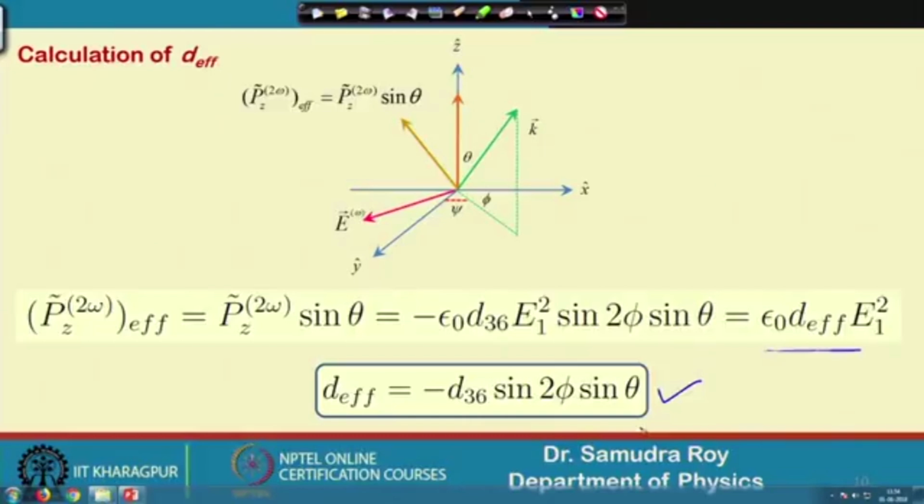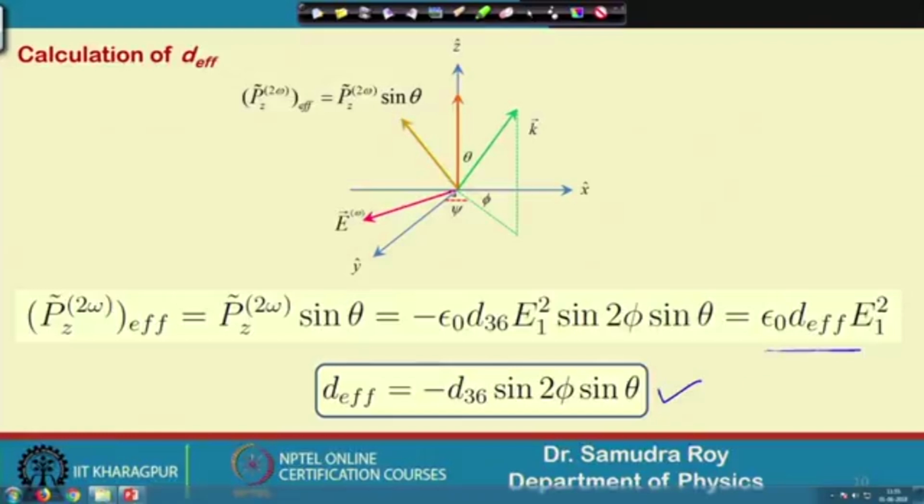So, in order to generate the phase matching properly, we need to find out the direction along which the second harmonic is really going to be generated. So, following that, we find that the direction should be perpendicular to the k vector. So, the electric field of 2 omega which is generated should be perpendicular to the k vector. So, we need to divide this field into two parts, one along this direction and one perpendicular to that.